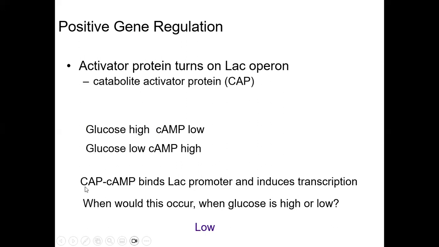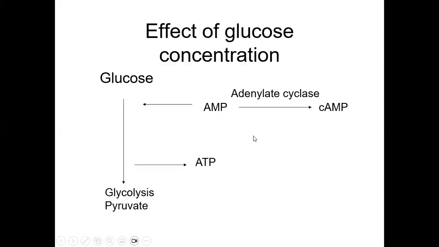So the CAP cyclic AMP proteins can bind the LAC promoters and will induce transcription. So when will this happen? When the glucose concentrations are low or high. We'll look at this in the next slide.